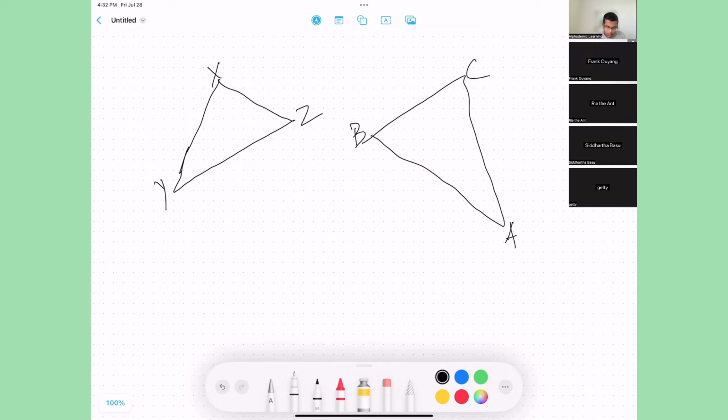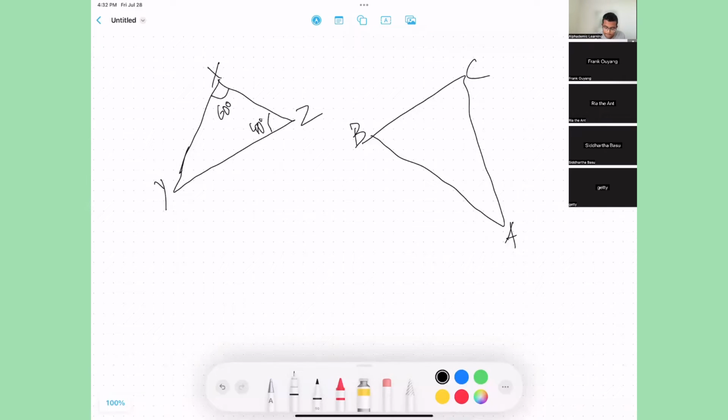and then we say that this angle is equal to 60 degrees, and this angle is equal to 40 degrees.